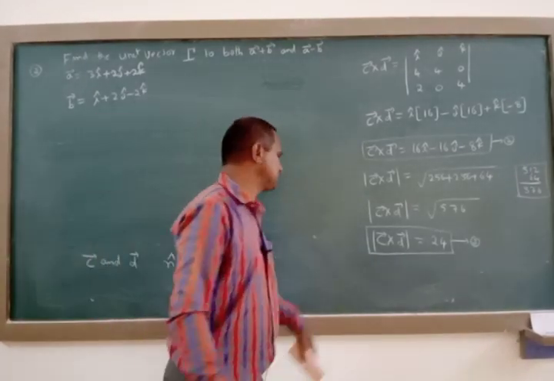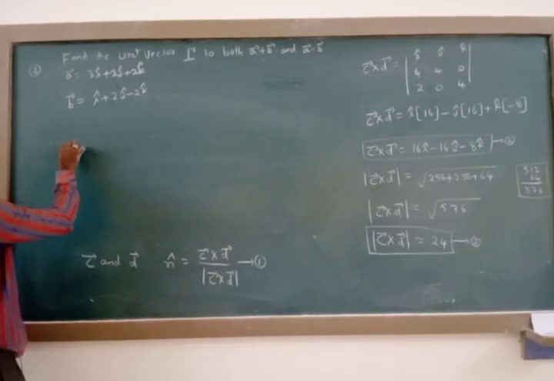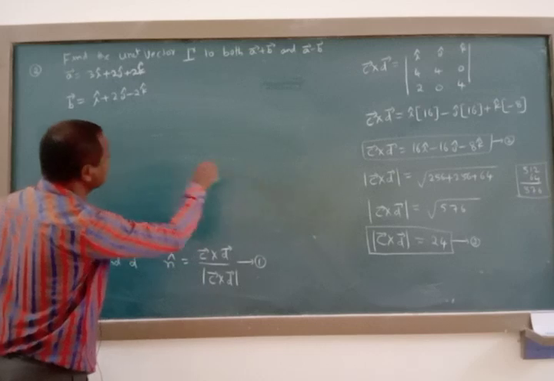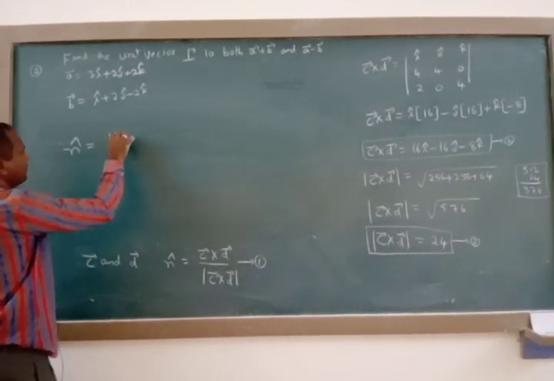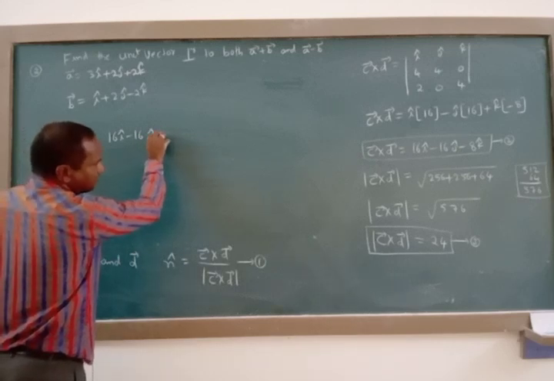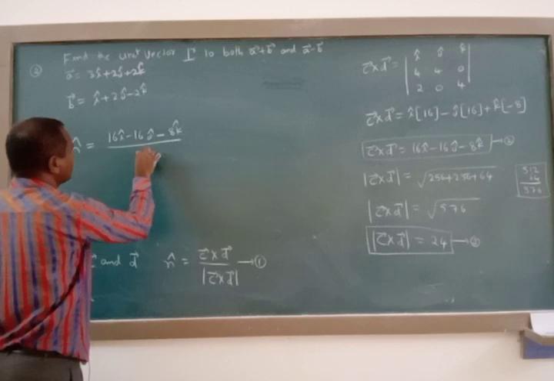Substitute those in this formula. Then n cap becomes 16 i cap minus 16 j cap minus 8 k cap whole divided by 24.